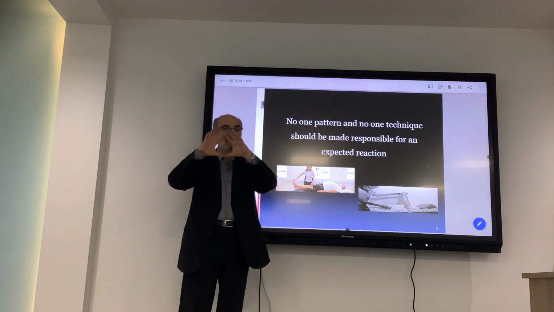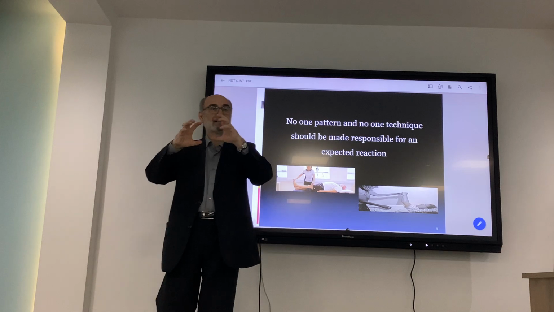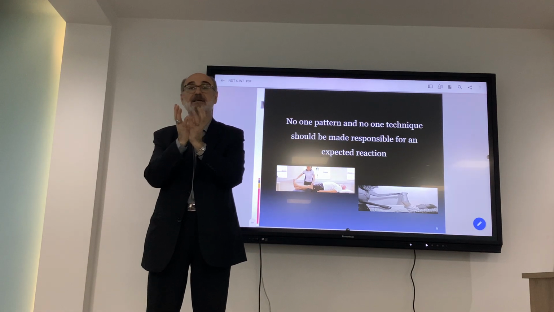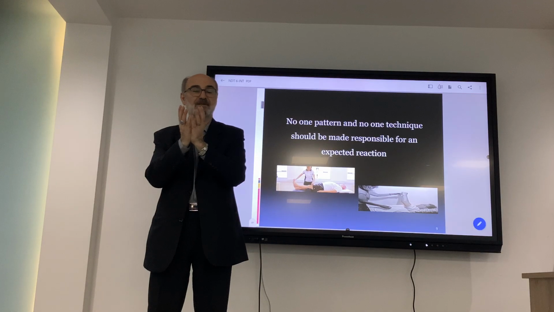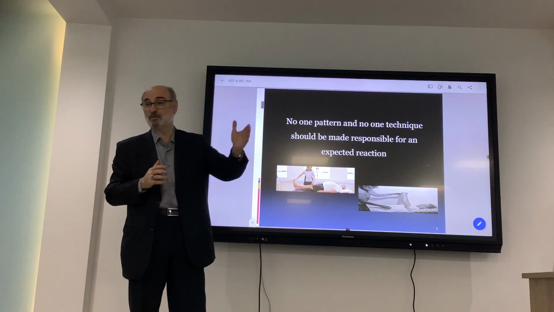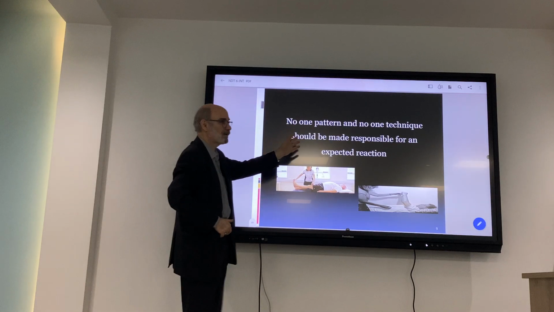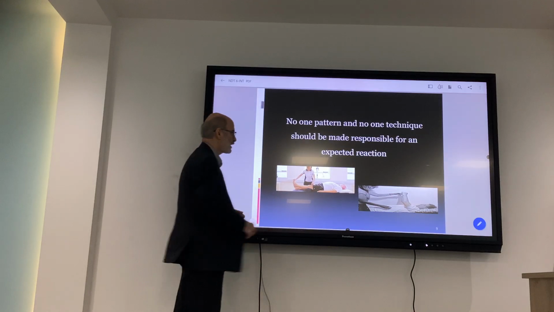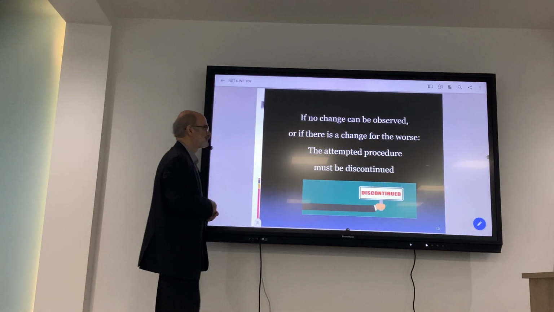In other words, the interaction of the benefits of all techniques collectively can lead to the improvement of patients with hemiplegia or post-stroke. Therefore, no one technique should be made responsible for an expected reaction.